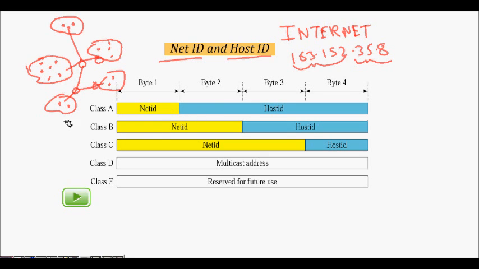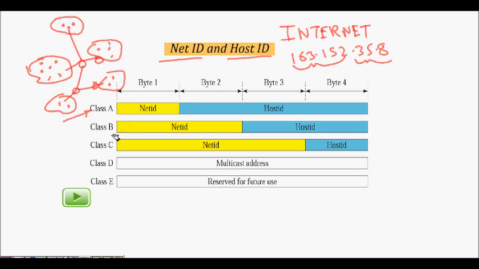So for class A, B, C, D, E that we studied in the last lecture, for class A the first 8 bits are your network ID and the rest of them are your host ID, okay.